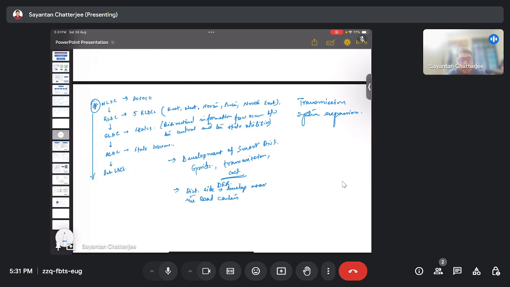Although the expansion work is going on, that is quite a problematic part. So transmission system expansion acts as a major challenge.